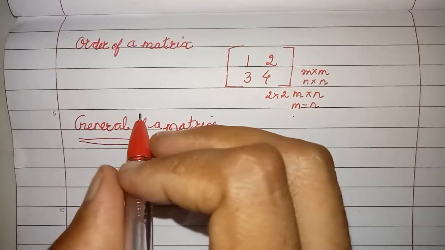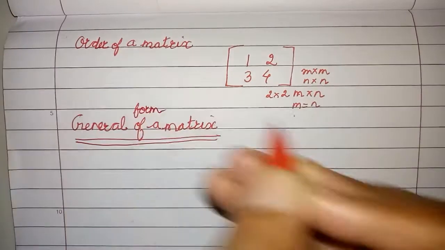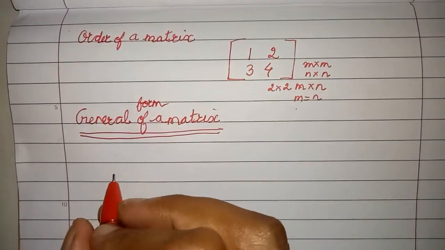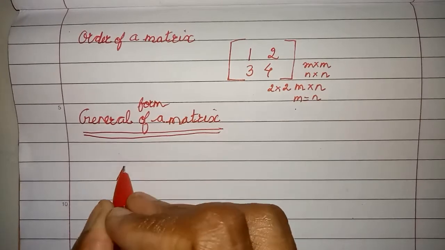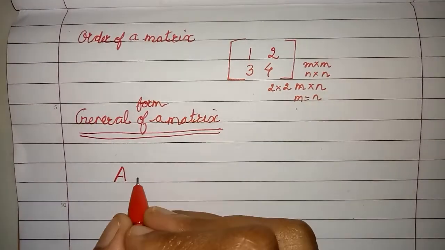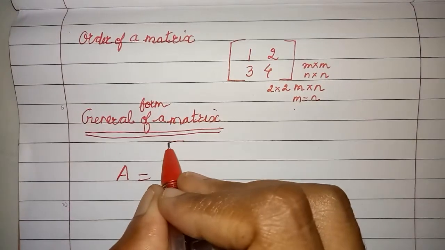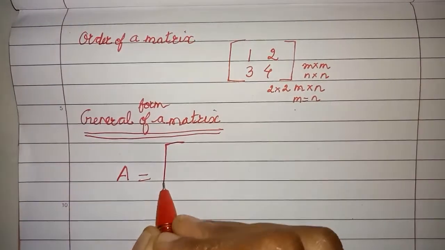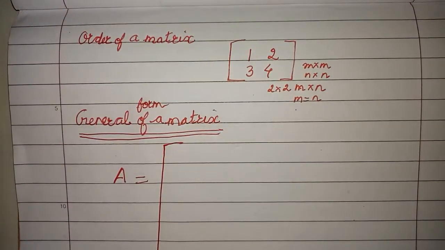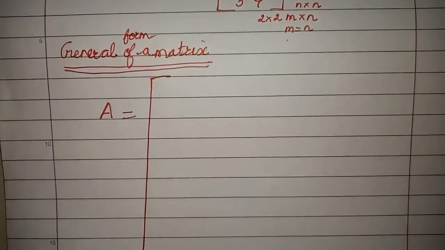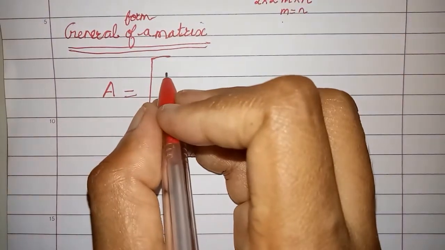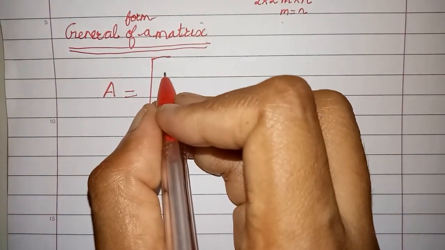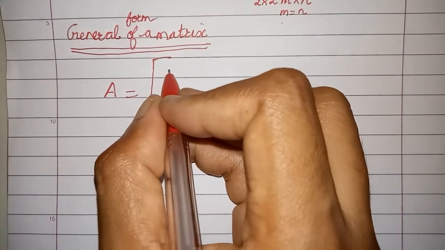Okay, general form of a matrix. So the first thing is, you can use one of the capital letters from A to Z to name a matrix. Right now you know that if it is a matrix, it should be in square brackets, right? Then how am I going to write the elements? Now I will write the elements in small letters.